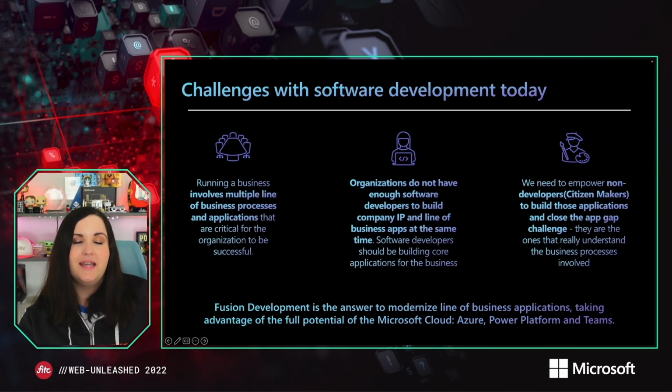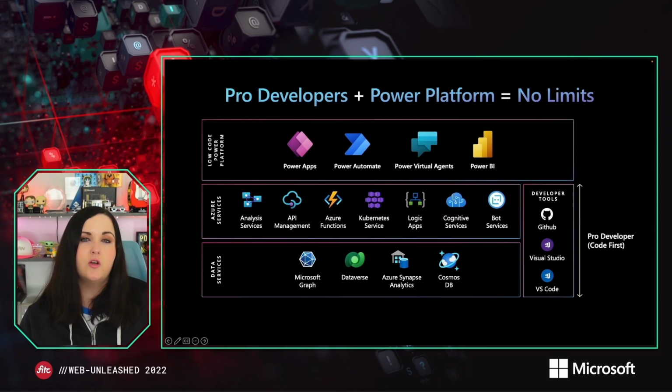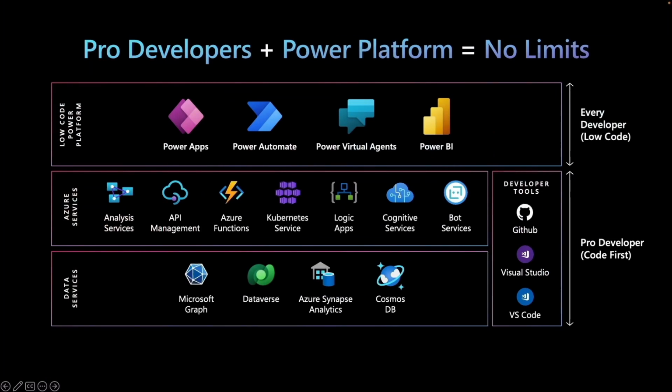So now let's segue into what the Power Platform has to offer in terms of this low-code innovation. The Power Platform is a Microsoft suite of tools for low-code development. So we have Microsoft Power Apps, which is a rapid application development tool that lets you build mobile and desktop applications with a drag and drop interface. We have Power Automate, which is our business process automation tool.